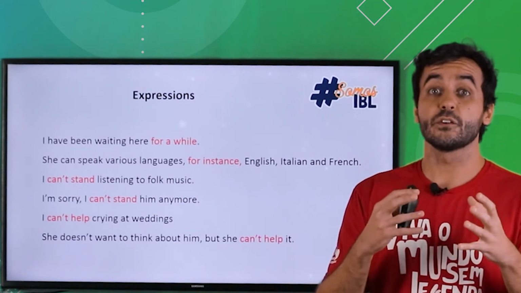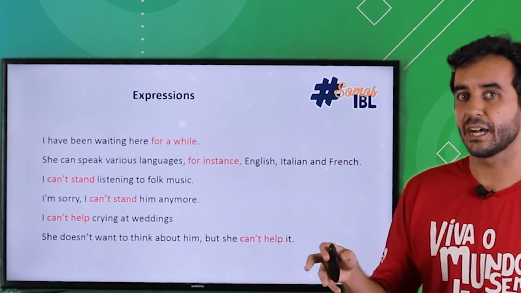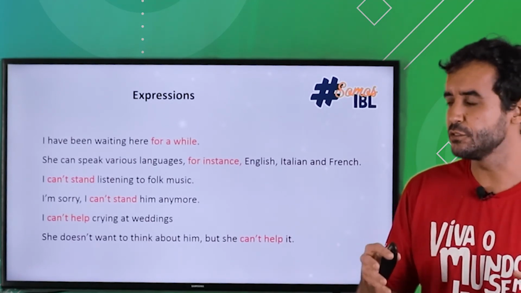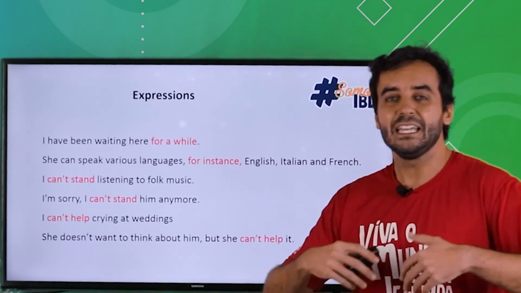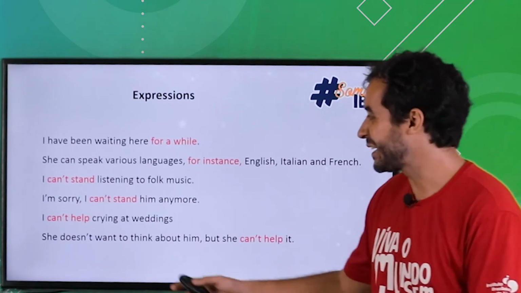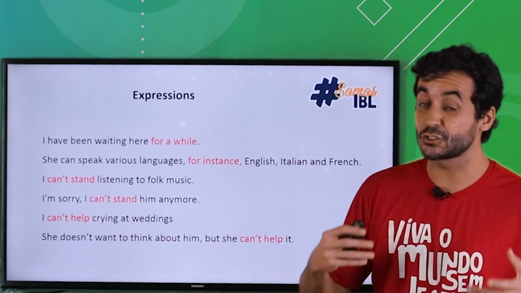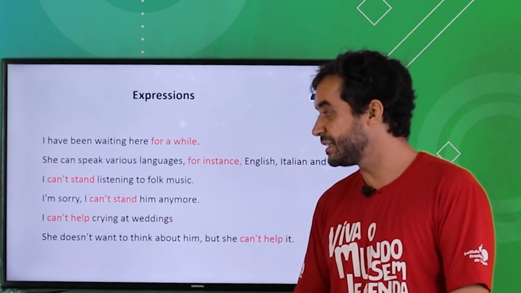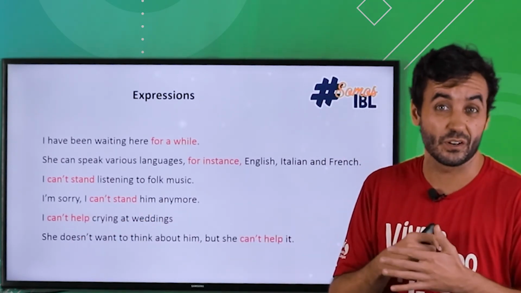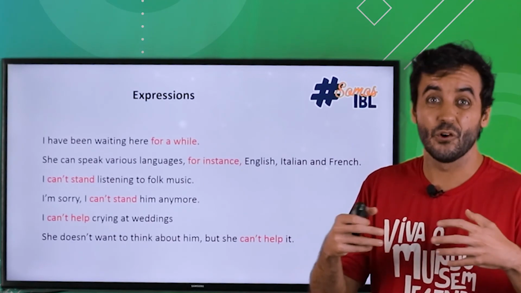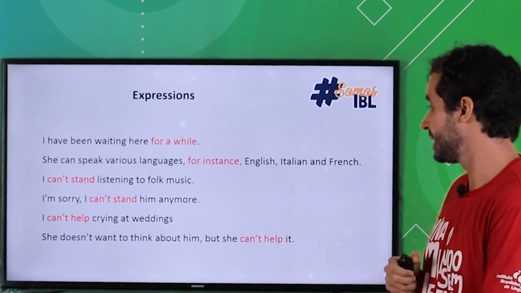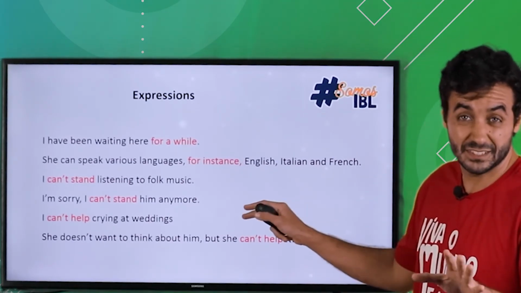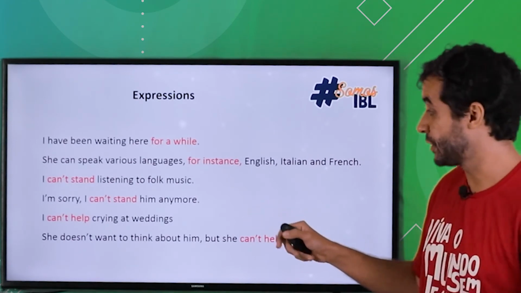So for example, imagine that you are on a diet, but you really love chocolate, right? So even though you are on a diet, you can't help eating chocolate. That's stronger than you, right? So you can use that verb in that situation when something is too strong for you. You can't avoid doing, right? That's it. And that's a fantastic phrasal verb for you to know, right?